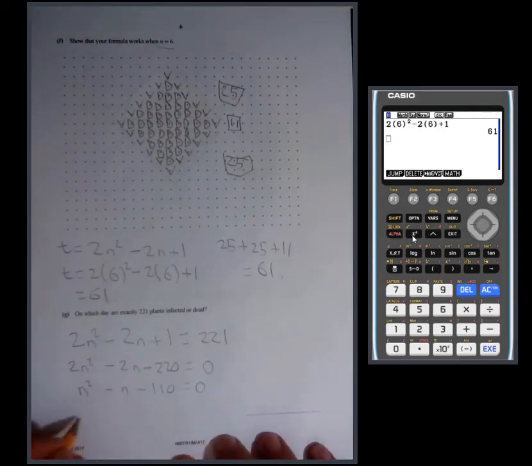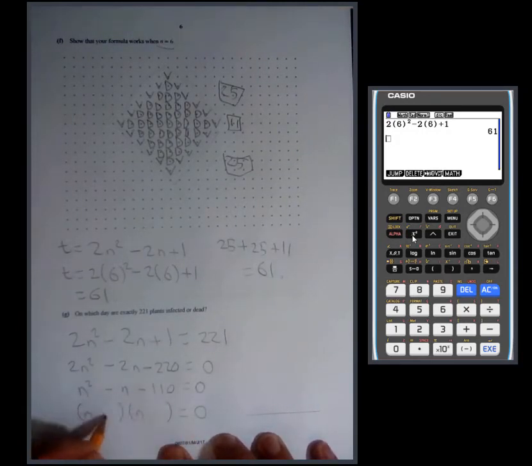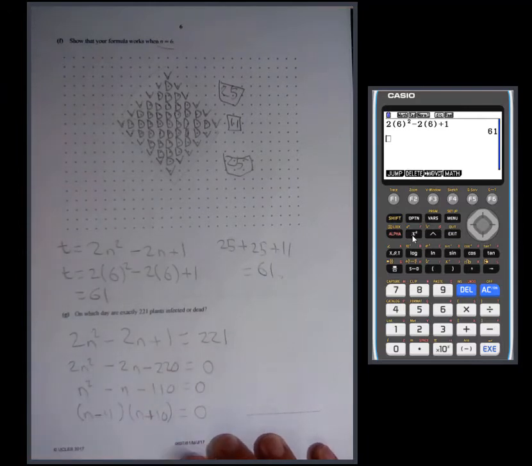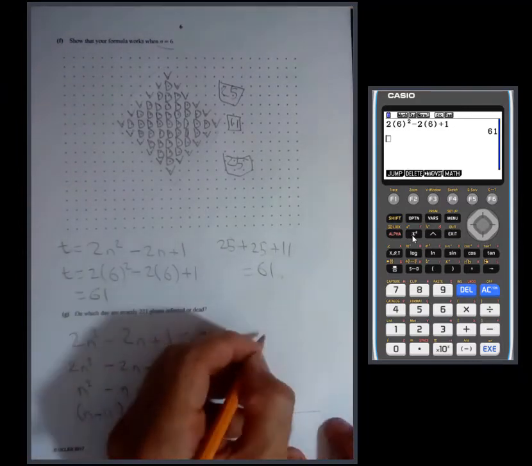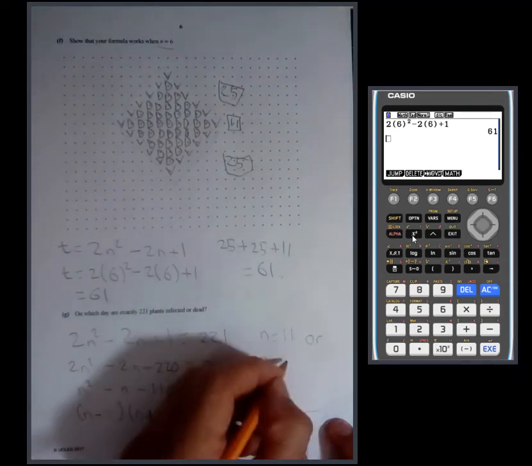You could try to factorize that, and 110 is 11 times 10, which probably will work. If they had different signs, the 11 would have to be the negative one, because we add to make minus n, and the 10 would be the positive.